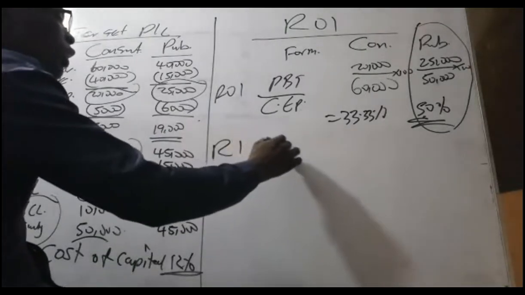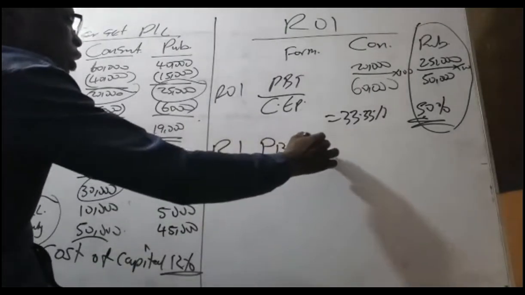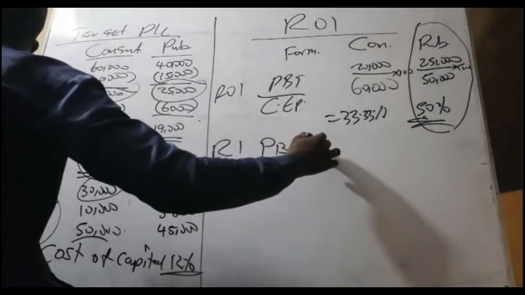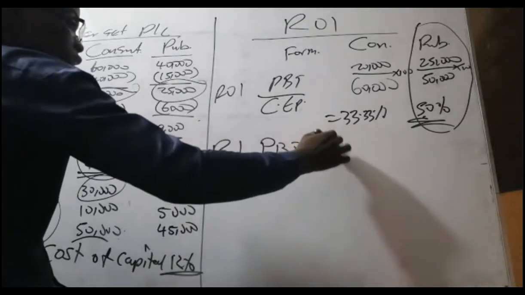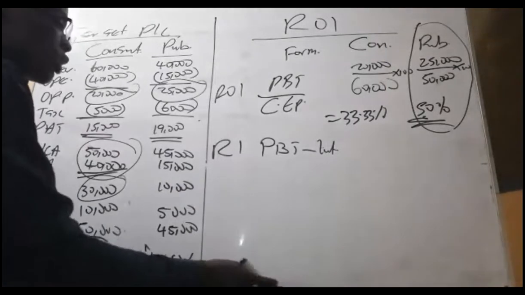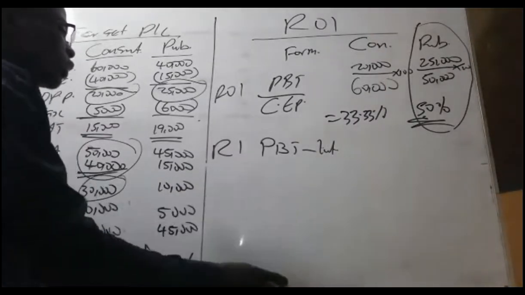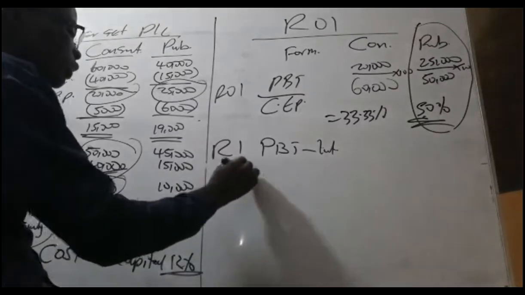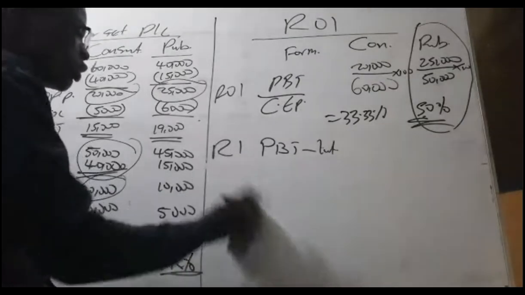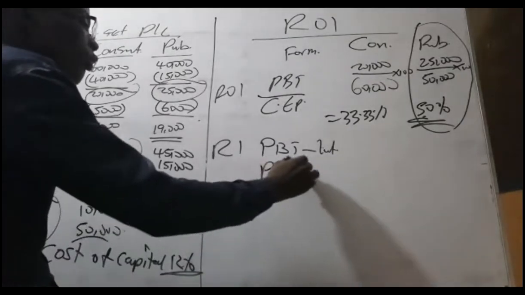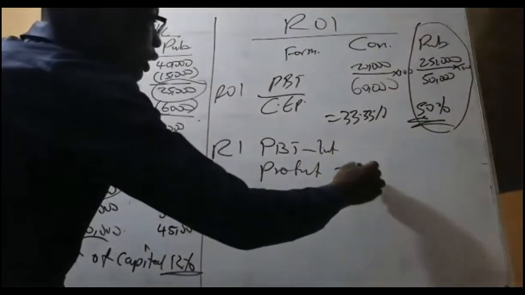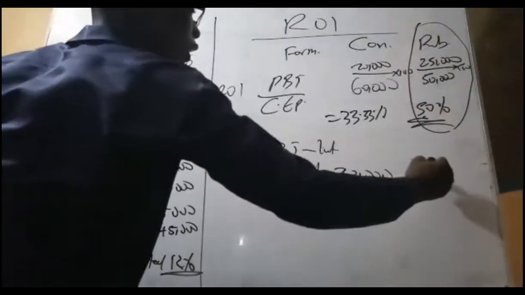It is the profit before tax less the interest. For consulting, their profit is 20,000. So I just have to bring the same profit here. Publication is 25,000.